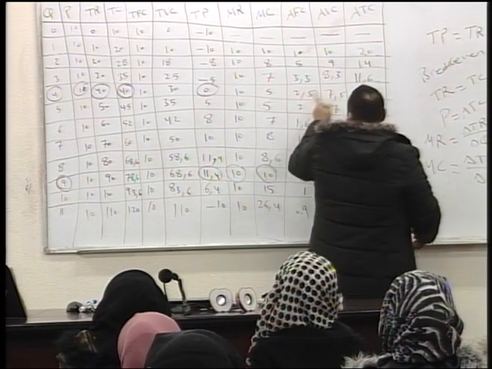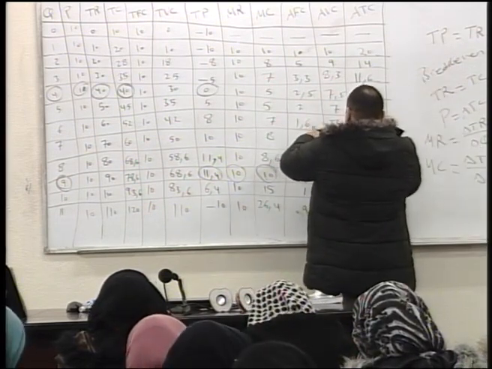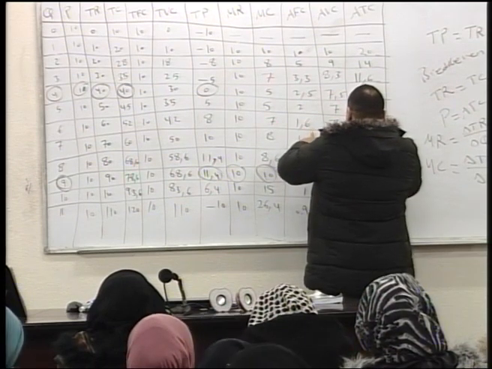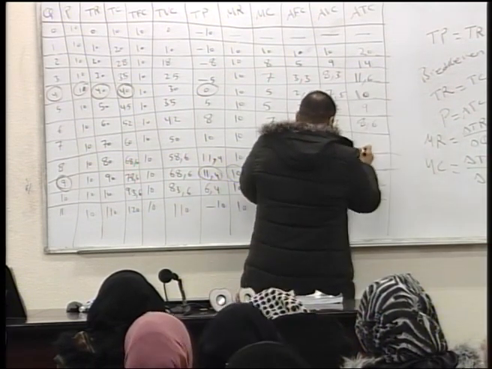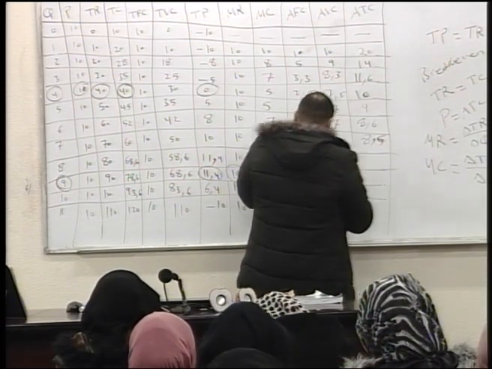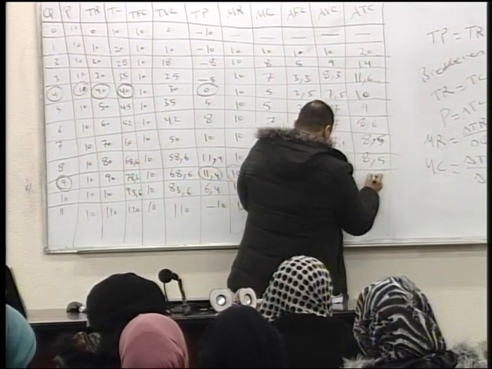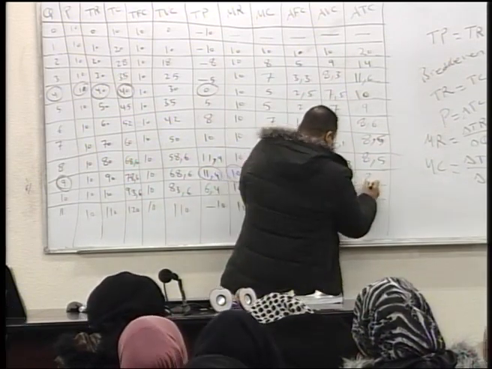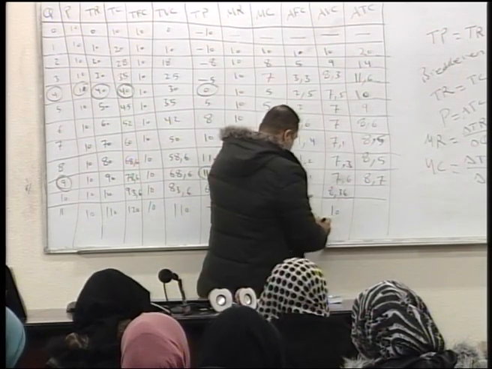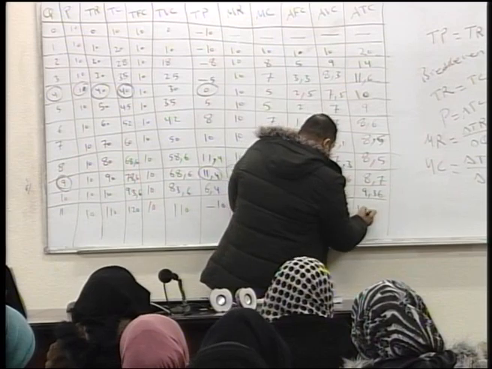AFC plus AVC, how much is it here? 10, 9, 8.6, 8.4, 8.5, yes. 8.7, 9.36, 10.9.